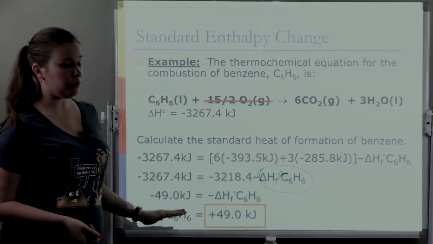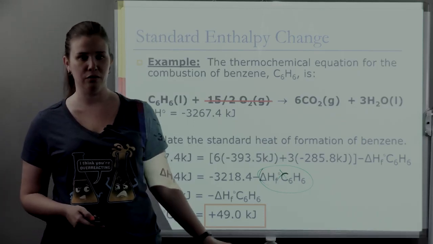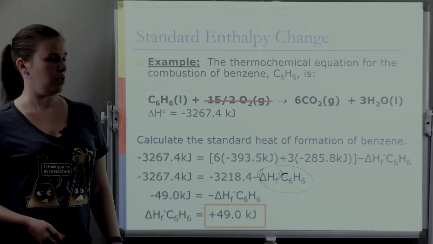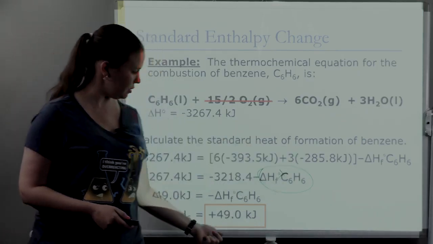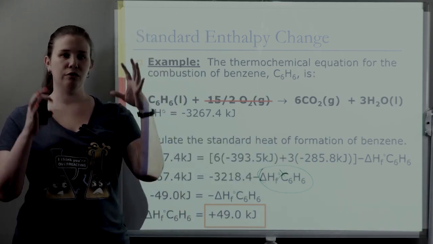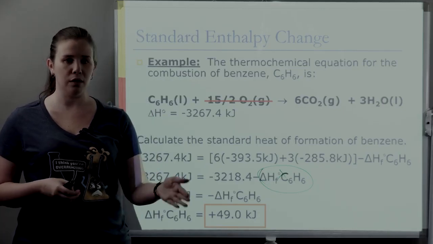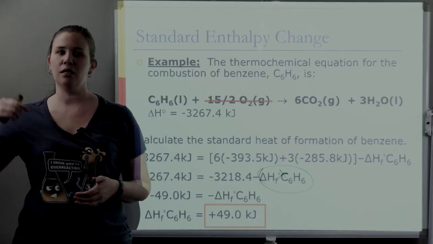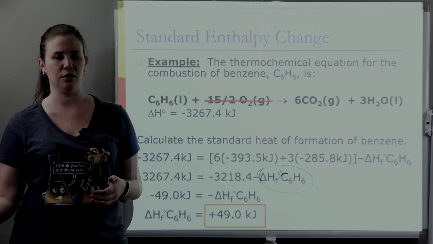So the enthalpy of formation for benzene ends up being a positive 49.0 kilojoules. Again, keeping the decimal consistent for our significant figures. So this is using the heat of formation table in order to do product minus reactant and set that equal to the total energy of the reaction.